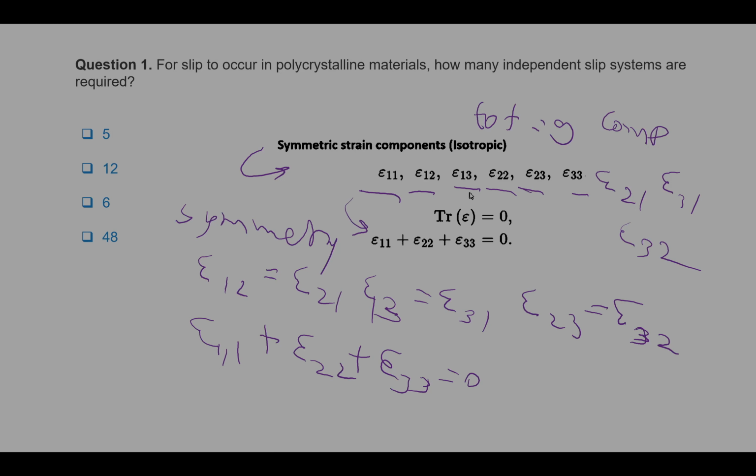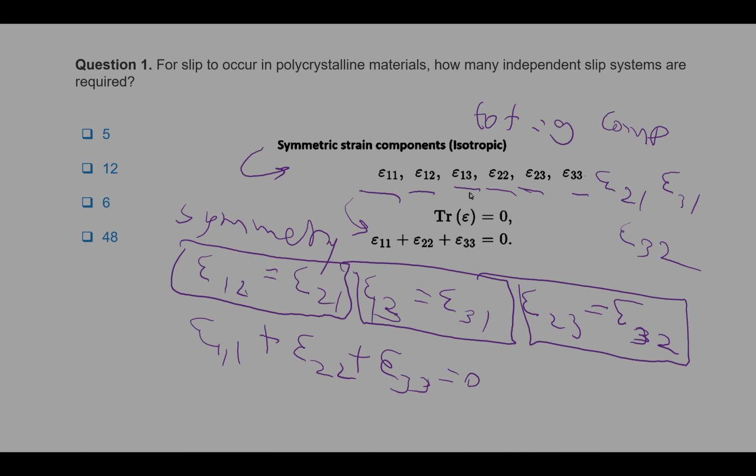So there will be a total of 5 independent slip systems: 1, 2, 3, and the other 2 will be from here.